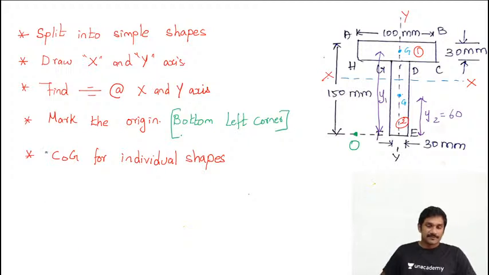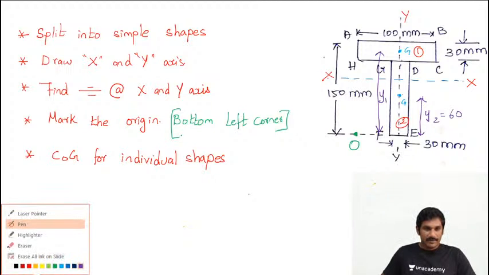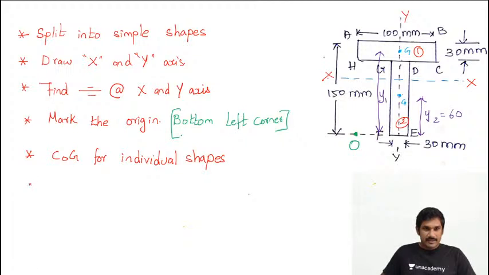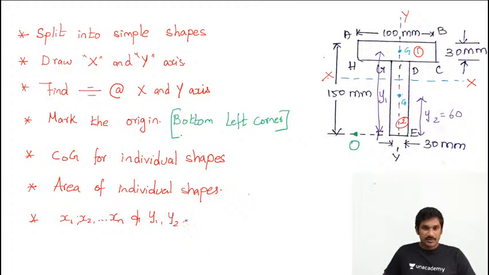So now next, after the CG for individual shapes, the next step is to find the area of individual shapes, and next x1, x2 to xn and y1, y2 to yn values, whatever is necessary.